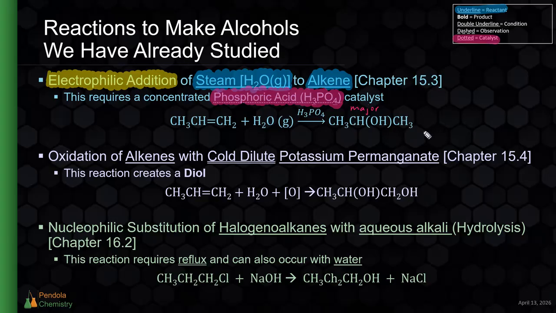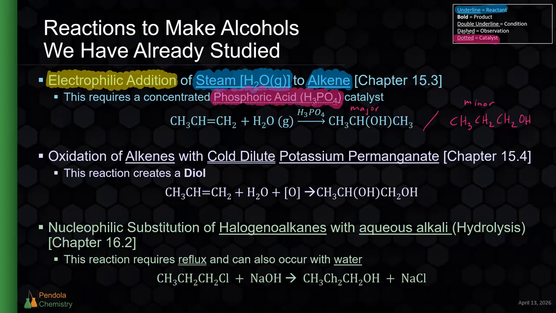The other product will be CH3CH2CH2OH, where the alcohol gets added to the terminal carbon, the one at the end, which is a primary carbon. But this will be a minor product. The secondary alcohol is the major product of the reaction because the secondary carbocation that leads to this product is more stable than the primary carbocation that leads to the primary alcohol.